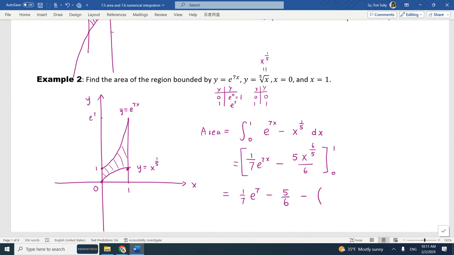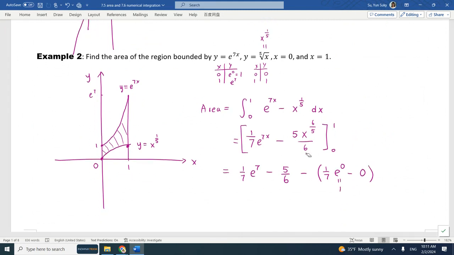When we plug in 0, this is 1 over 7 e to the 7 times 0, which is 0. And minus, okay, I see an x when I plug in 0. This term is 0. But what is e to the 0? 1.